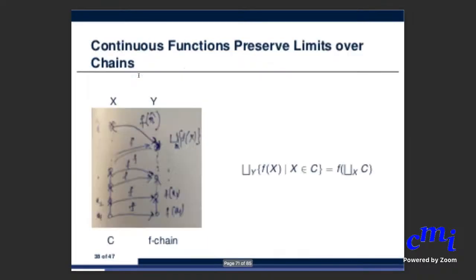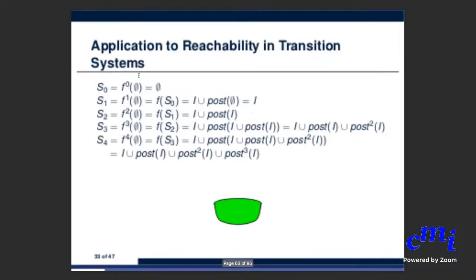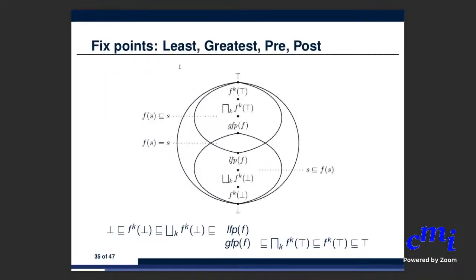Intuitively, why should this be true? If it's a finite lattice, it is kind of obvious, because if there are only finitely many elements, you can't keep going on. If you start from bottom and keep applying f to itself, since f is monotonic, that automatically gives an ascending chain.